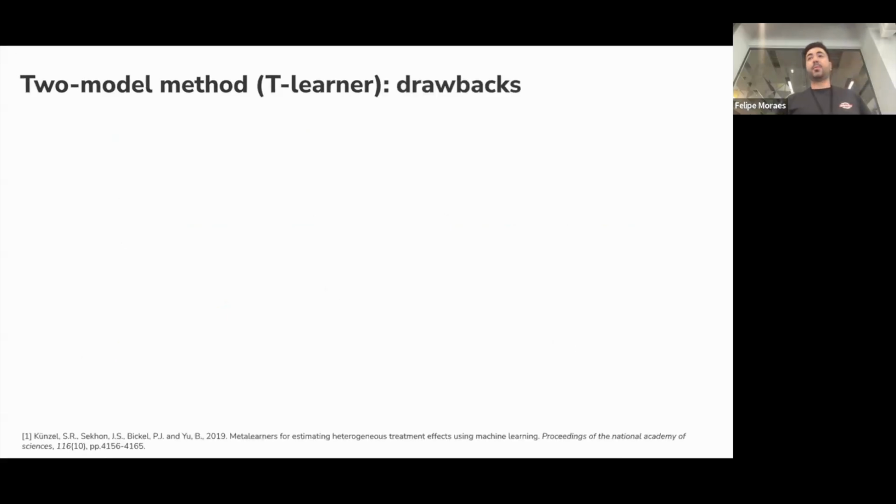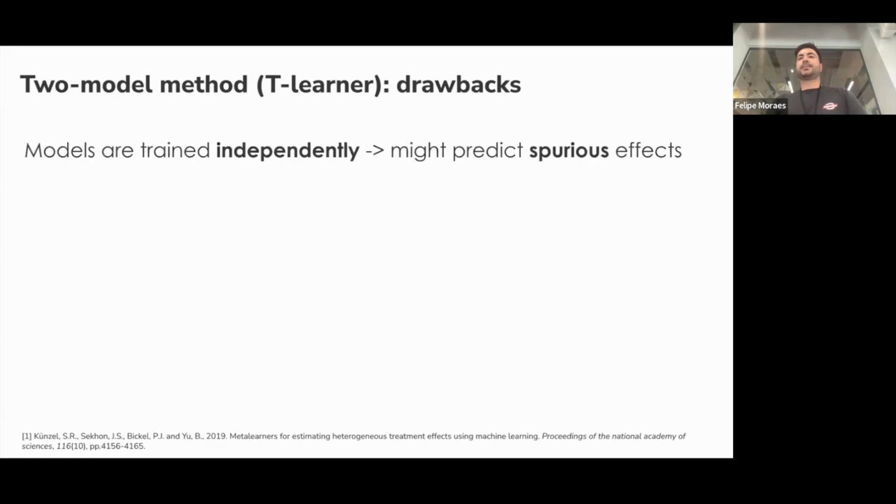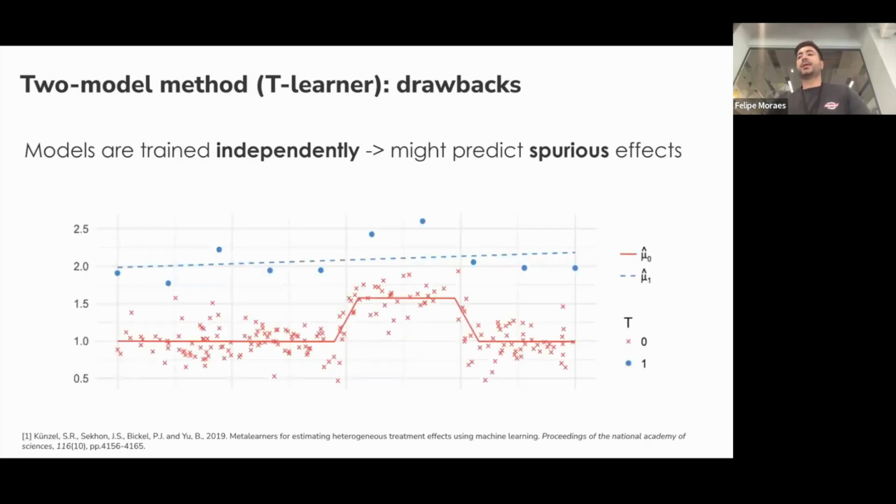Well, what are the drawbacks of this T-learner? The models are trained independently, which means that they might predict some spurious effects. An example is here, where T equals 0 means the control and T equals 1 means the treated, and you don't have enough data for the treated.